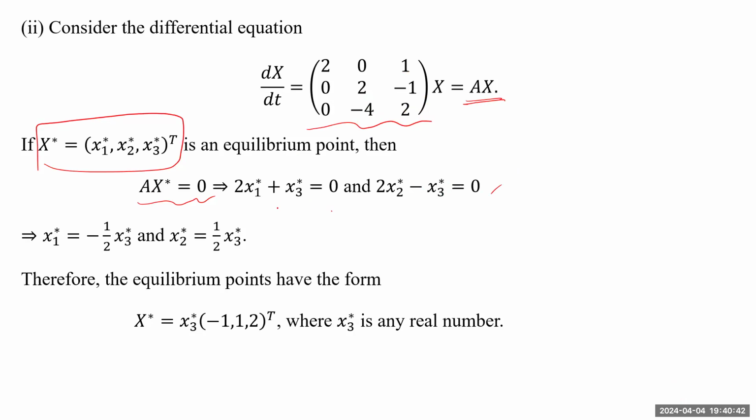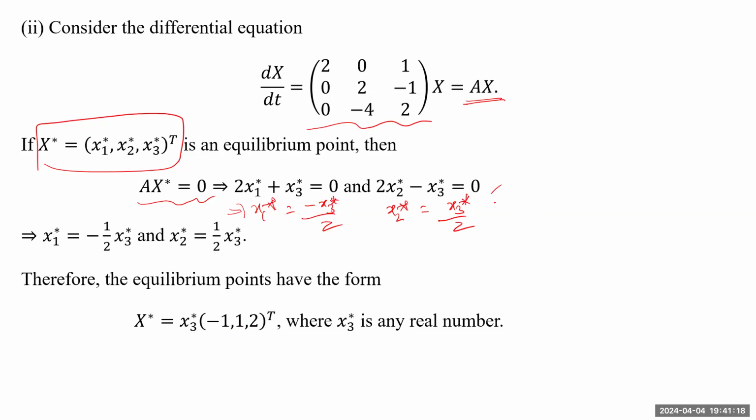From this, you can calculate that x1 star is equal to minus x3 star over 2, and x2 star is equal to x3 star over 2. What is x3 star?